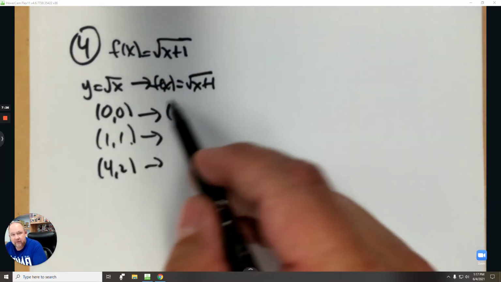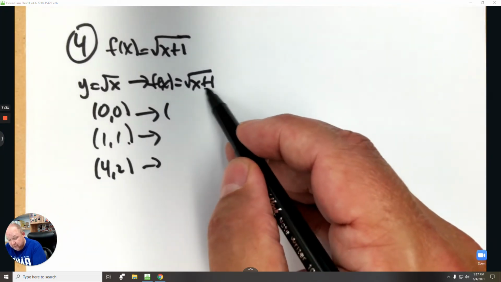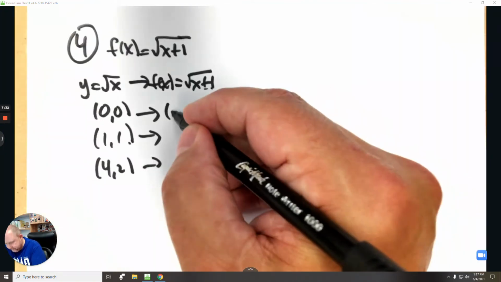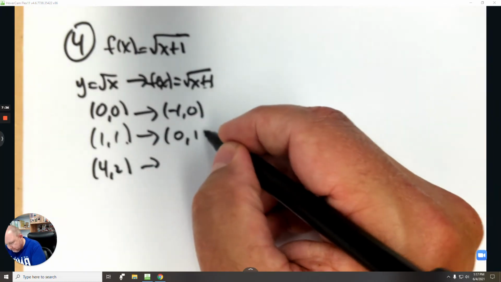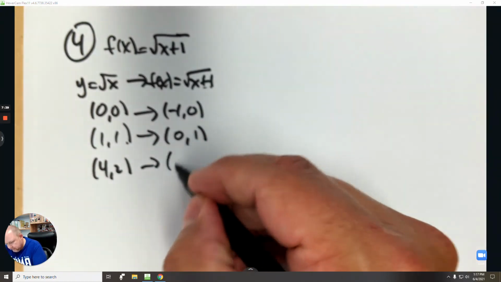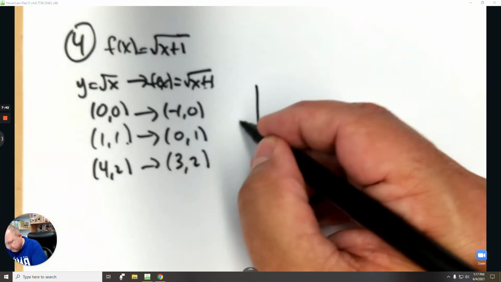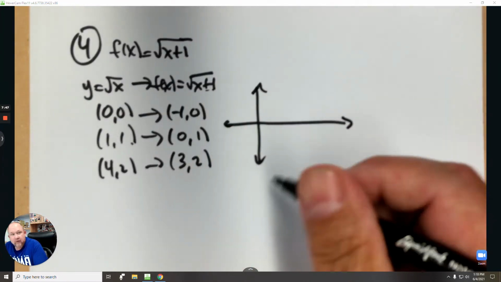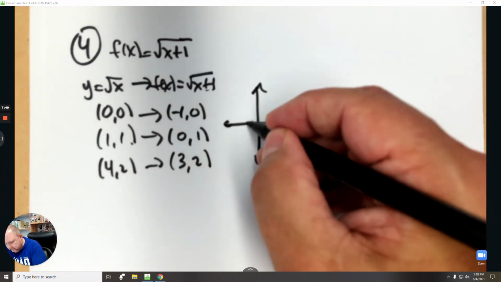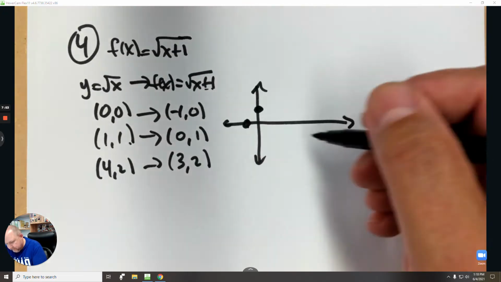So I'm going to plug in 0 for x. I'm going to subtract 1 to all the x's. But the y's are going to stay the same. And those are the points that I'm going to graph. So we have negative 1, 0. We have 0, 1, and 3, 2.